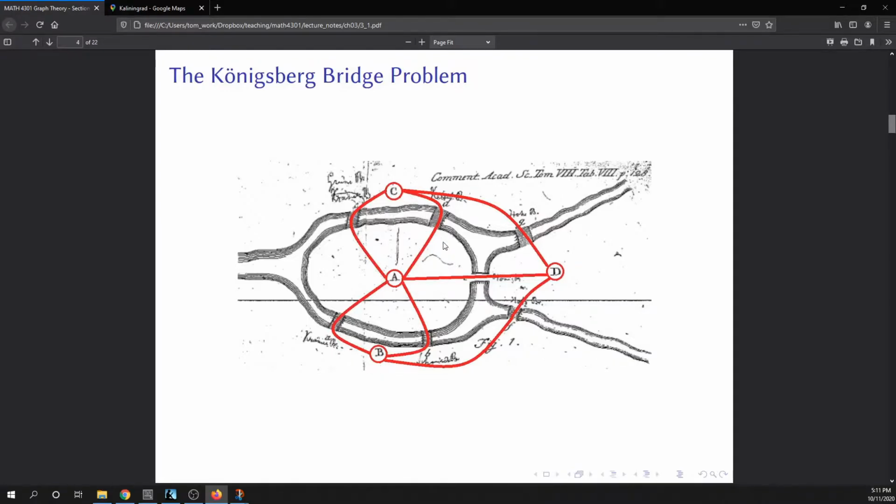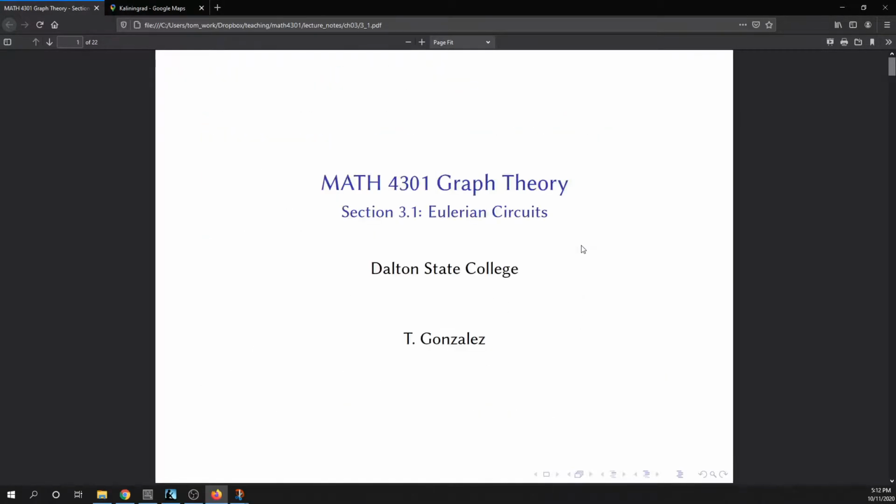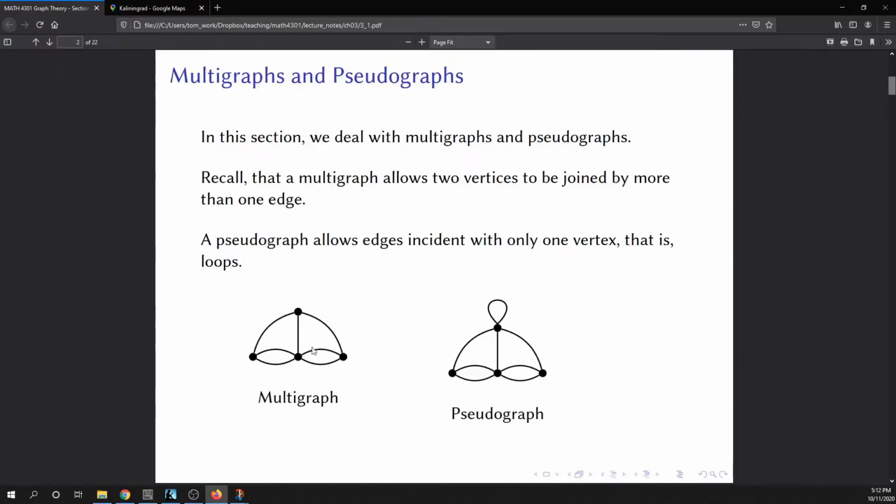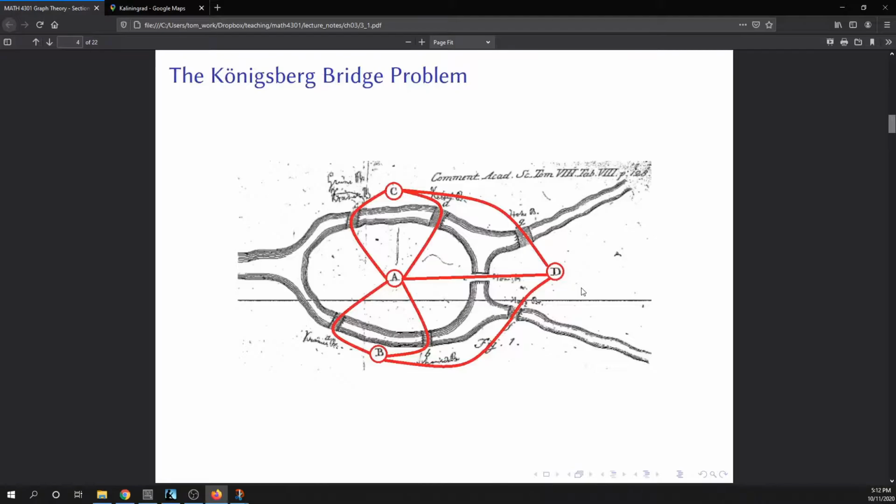And so you generate a multigraph like this, and this is actually the multigraph that it had in the very beginning as well. So this multigraph right here. All right, and then Euler was able to prove that you couldn't do that. So you couldn't walk across each bridge exactly once and cross all bridges. Okay.